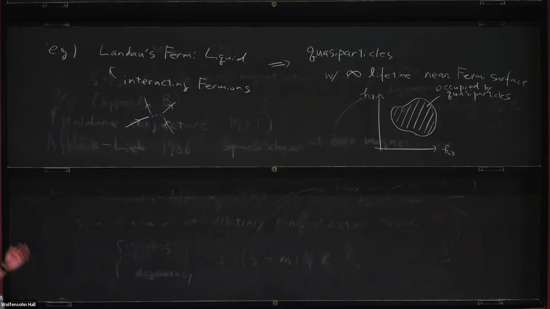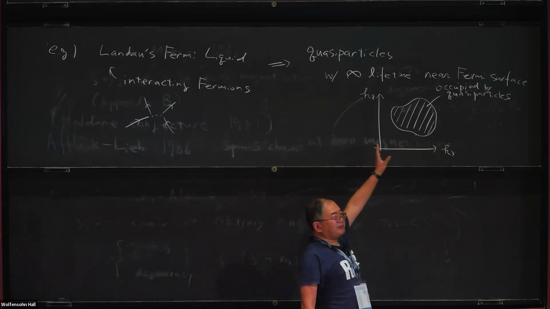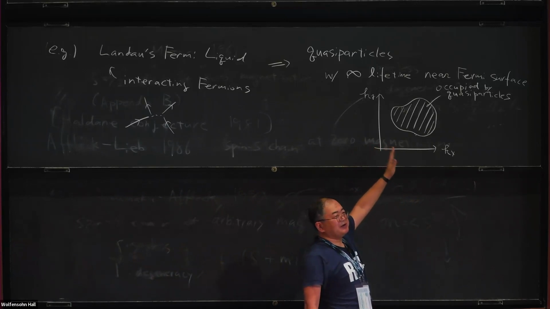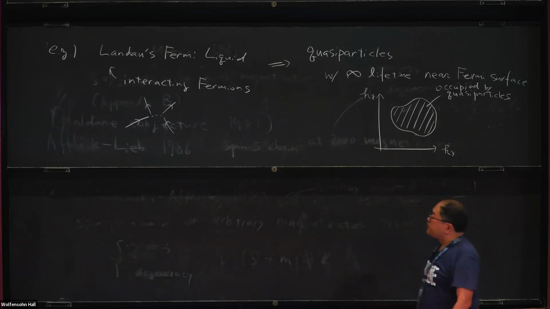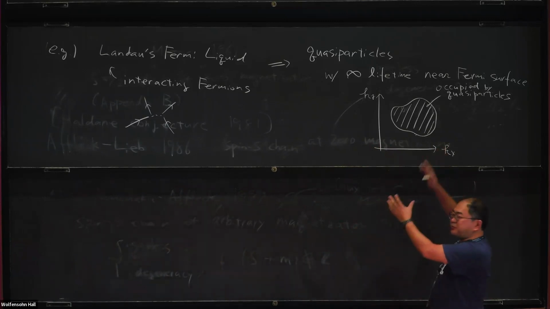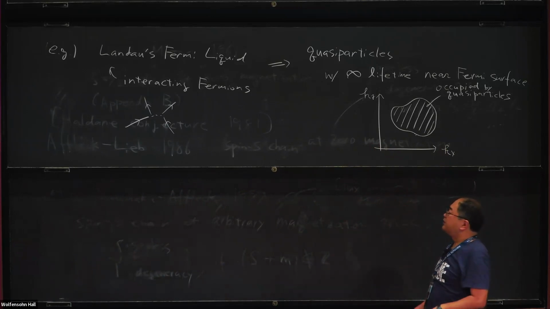And then, this Fermi liquid also has a Fermi surface, and you can define the Fermi sea as the region inside the Fermi surface. But in general, the shape of the Fermi surface can be changed by interaction, at least in a lattice system.